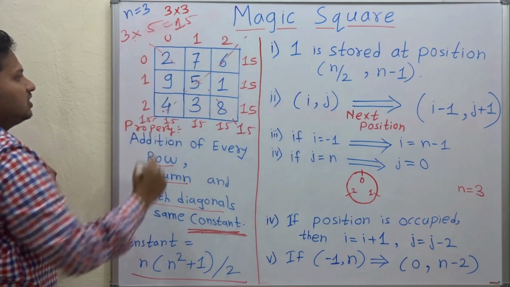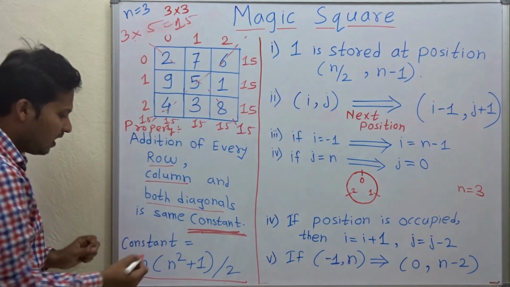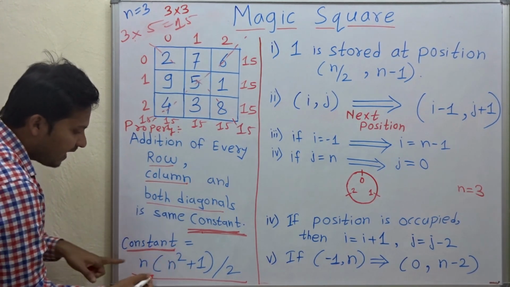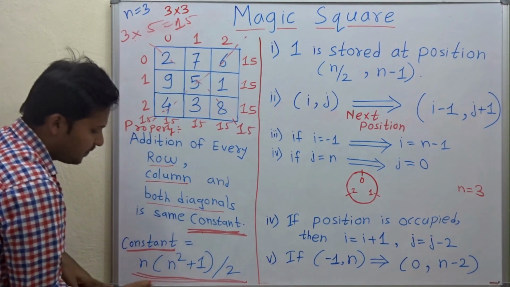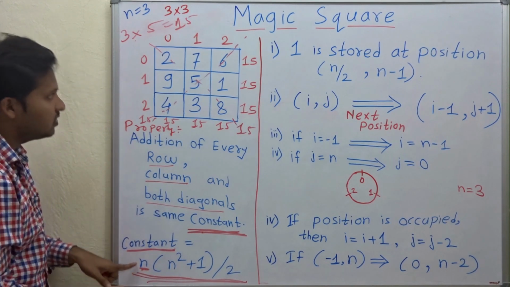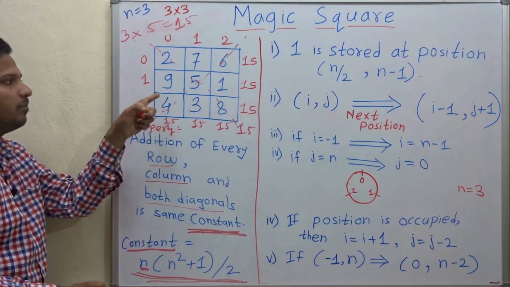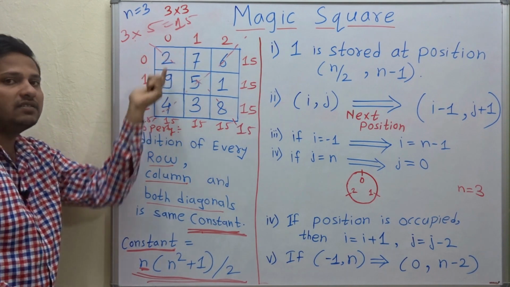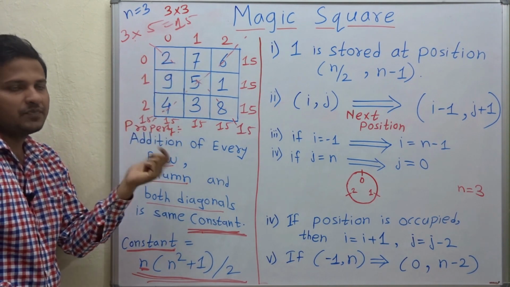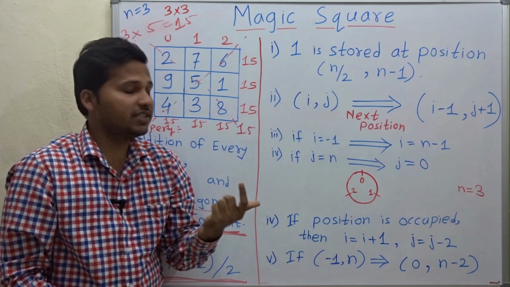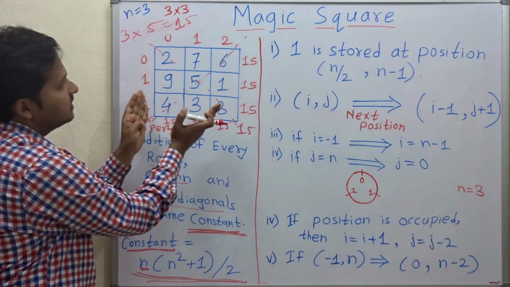So that addition is a constant and that constant is calculated with this formula where n is the dimension of this matrix, means the number of rows and the number of columns. Okay. So now is the question how to create this magic square.